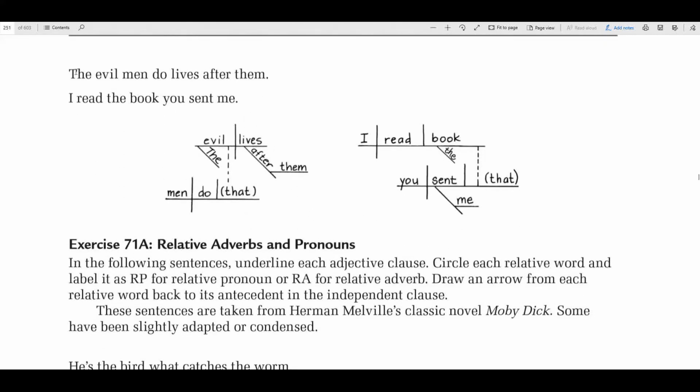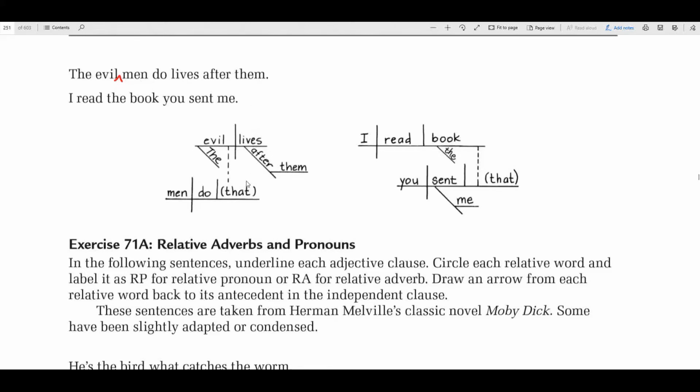For instance, this sentence, the evil men do lives after them. Now, it took me about 4 times to read that sentence because I was reading it in different ways until I realized the word that could go right there. The evil that men do lives after them.